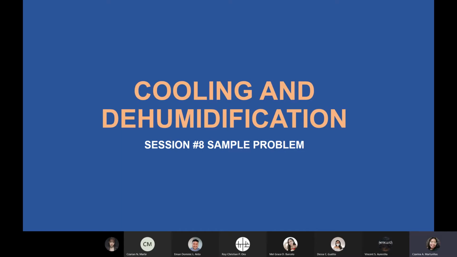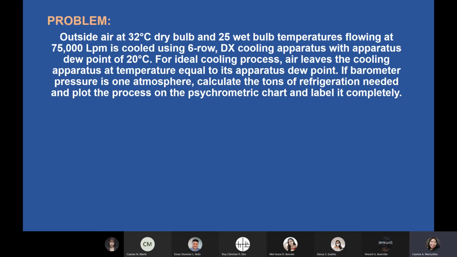The problem states that outside air at 32 degrees dry bulb and 25 wet bulb temperature, flowing at 75,000 liters per minute, is cooled using a 6-row DX cooling apparatus with an apparatus dew point of 20 degrees Celsius. For an ideal cooling process, air leaves the cooling apparatus at a temperature equal to its apparatus dew point.